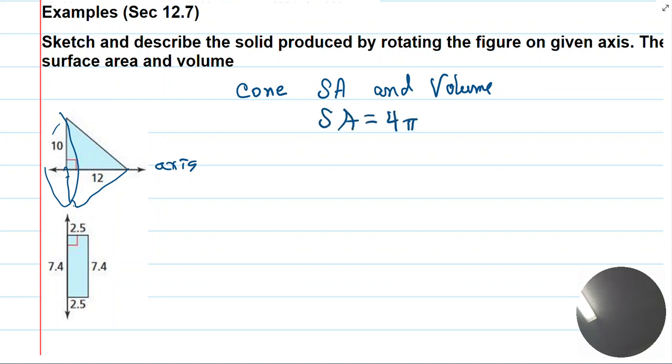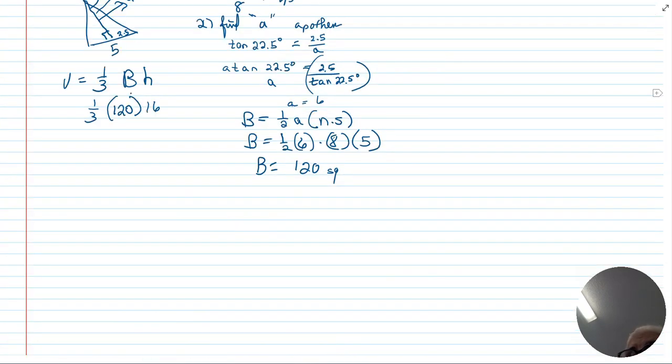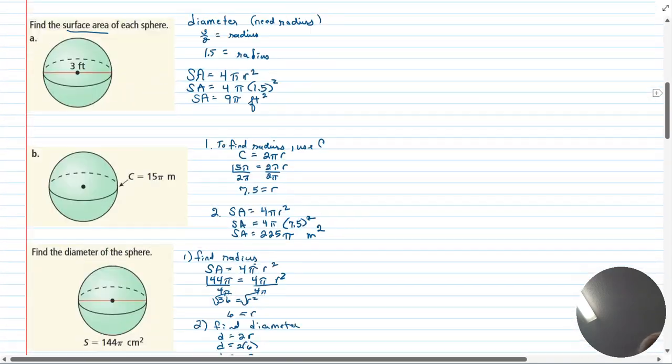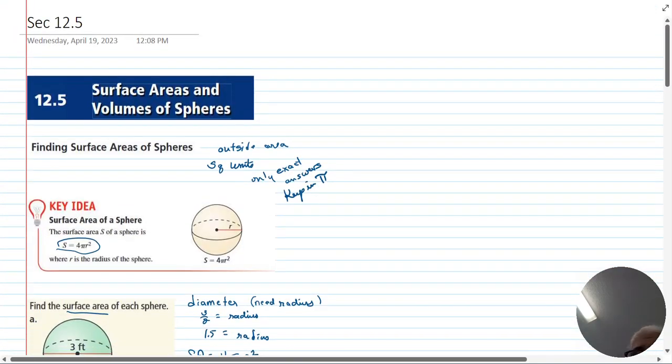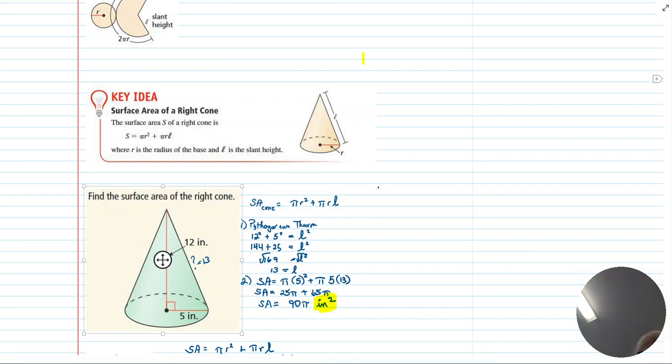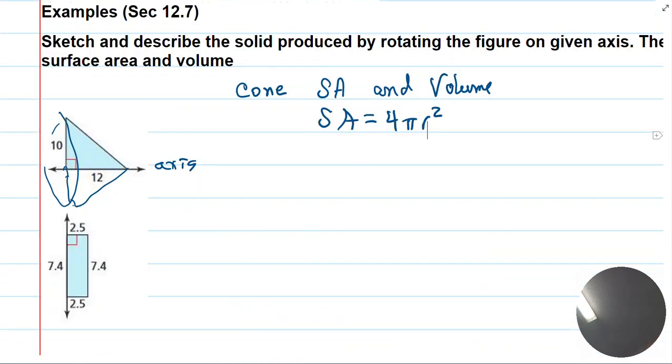It's not it, 4. There it is. Surface area, oh, I got that wrong. I need the lateral. Nobody told me. I got the wrong one. Okay, got it. That's of a sphere. For the cone it's pi radius squared plus pi r times the lateral.